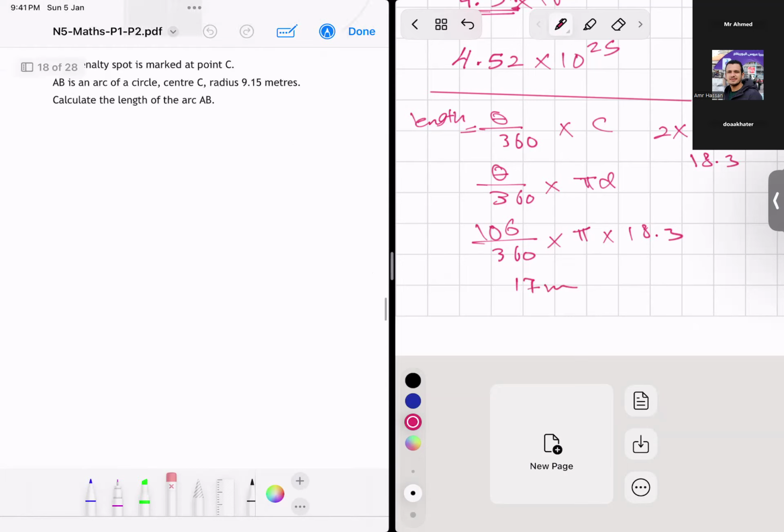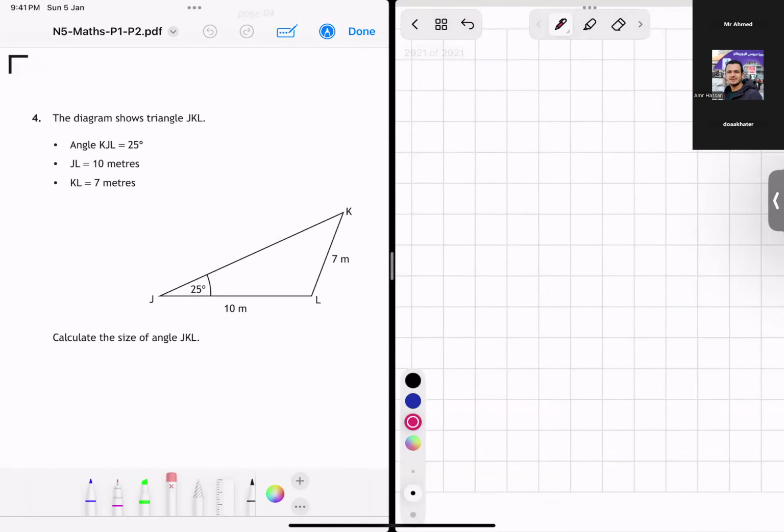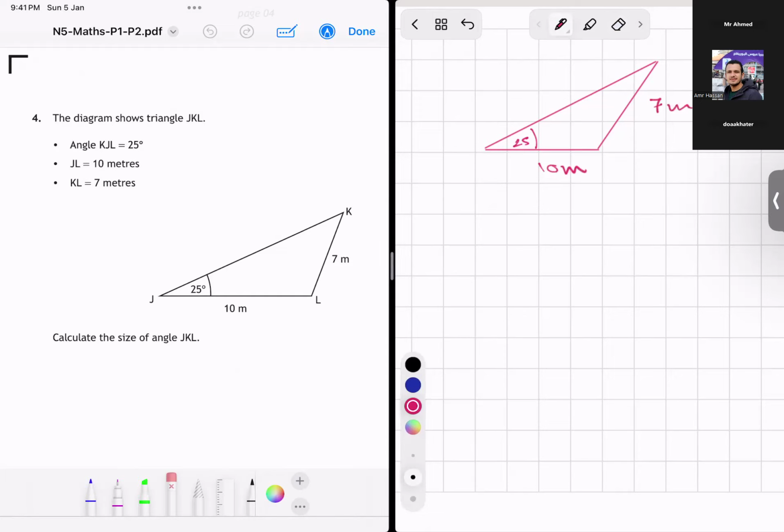Okay. Let me go over the other one. No, this one we discussed many times. So let me graph it. This one's 25. This one's 10 meter, 7 meter.